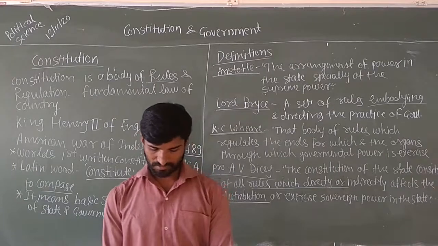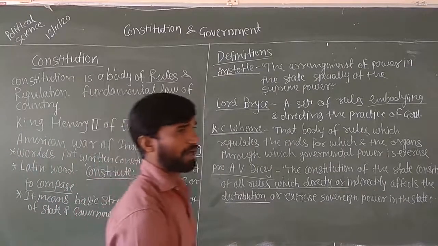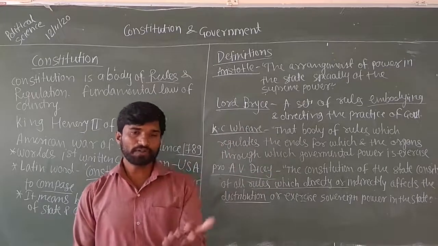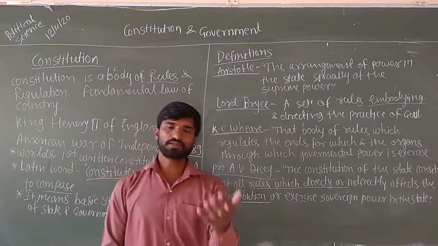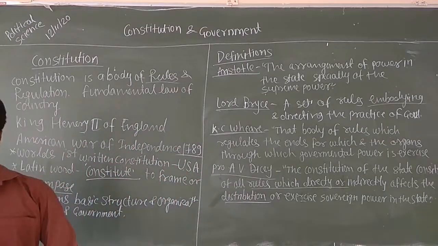So generally we can tell about the constitution: this constitution provides different kinds of aims and objectives. To fulfill those aims and objectives, certain rules and regulations are made, so that is called a constitution.